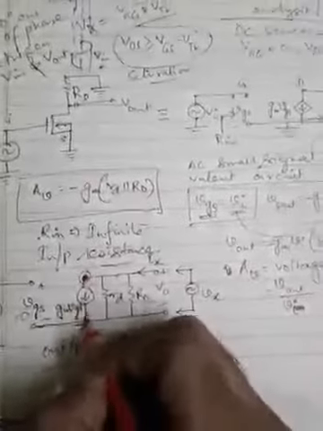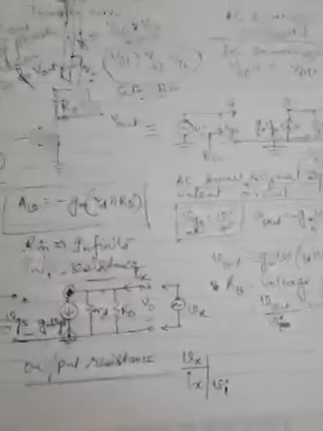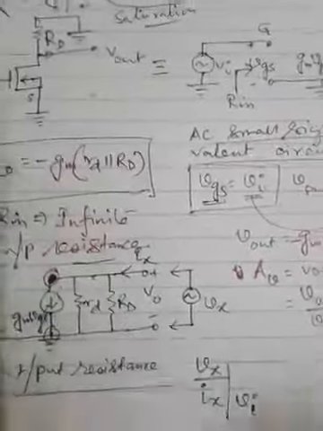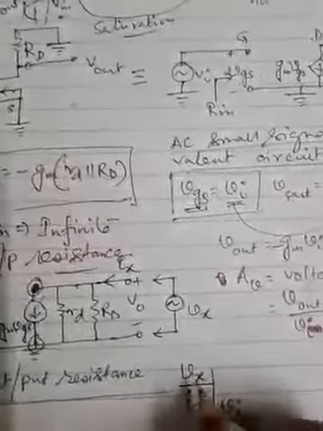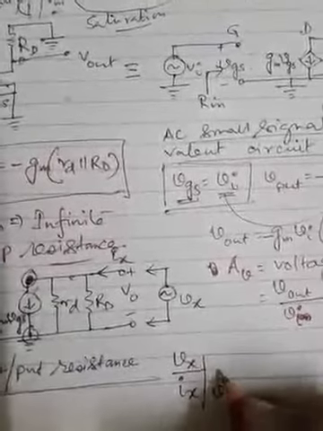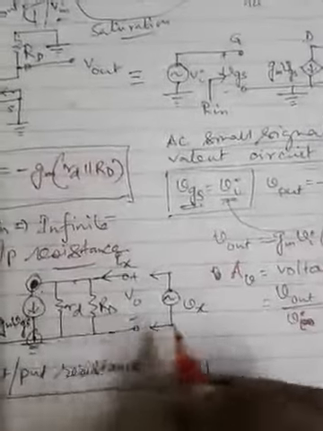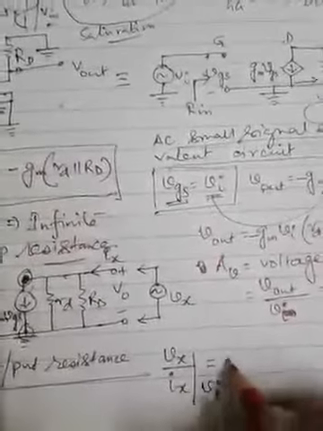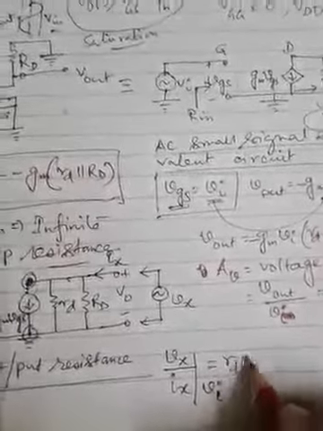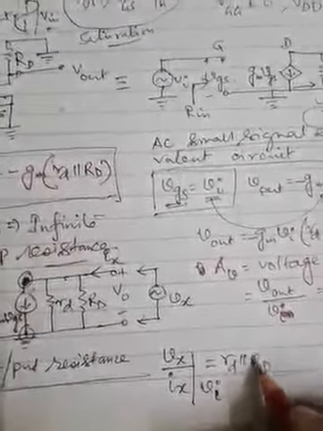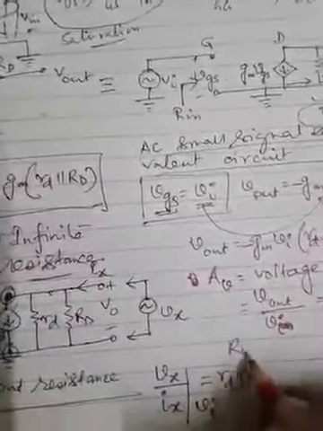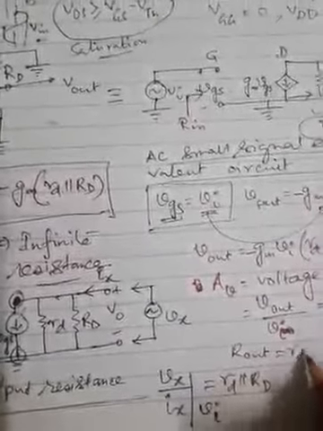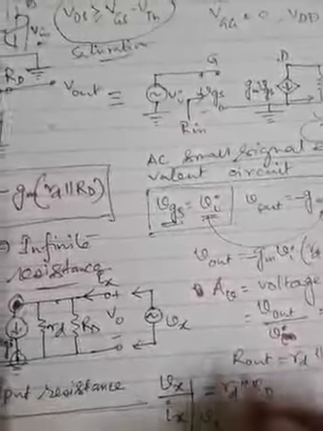So this will be an open circuit between these two points. Then for the output resistance, Vx by Ix, when Vi equals 0, is equal to small rd parallel with capital RD. So our output resistance Rout is given by small rd parallel with capital RD.